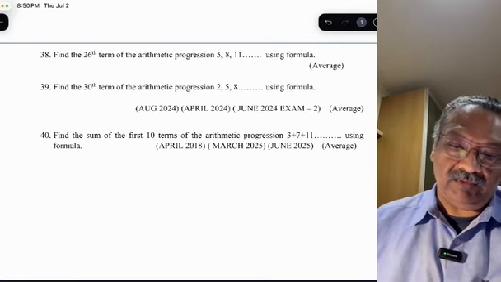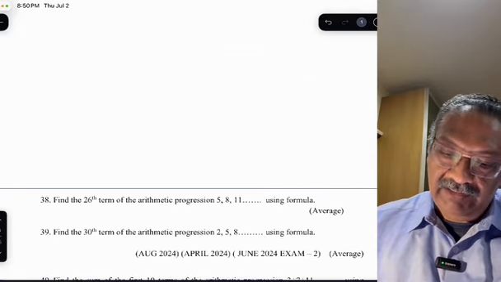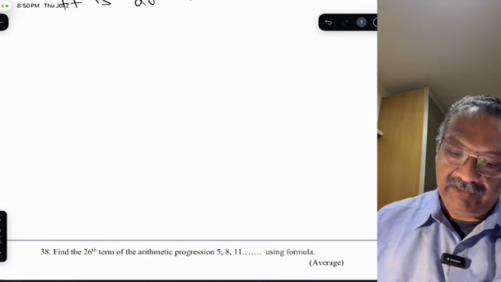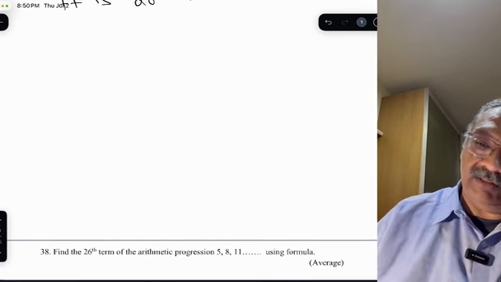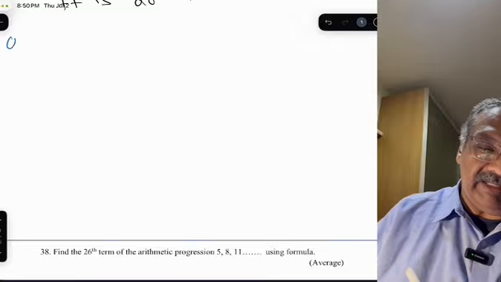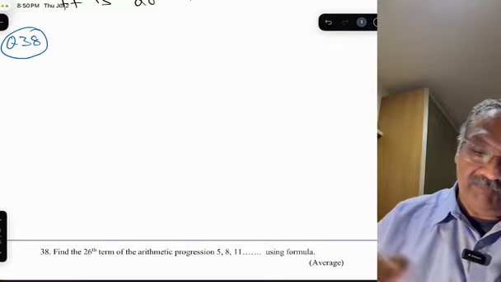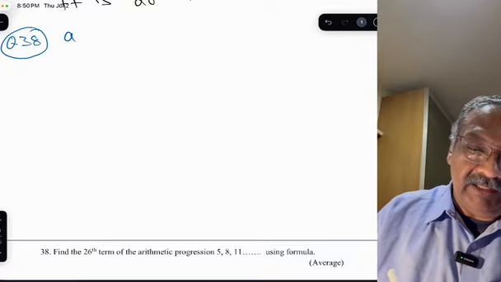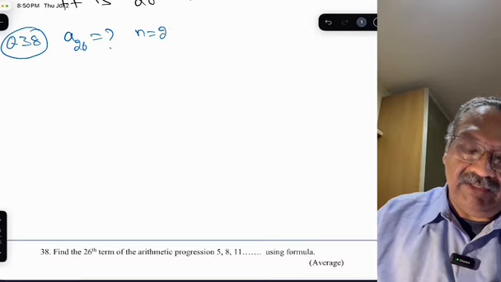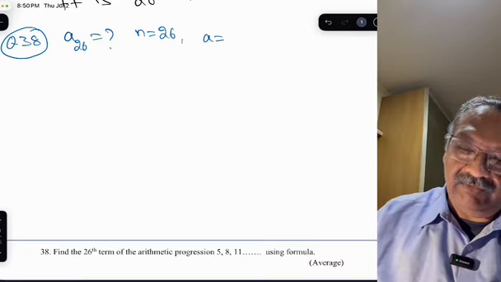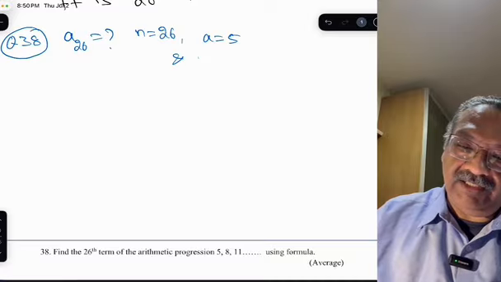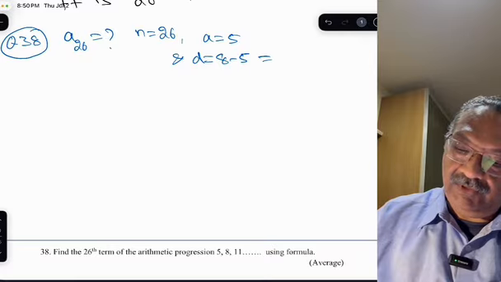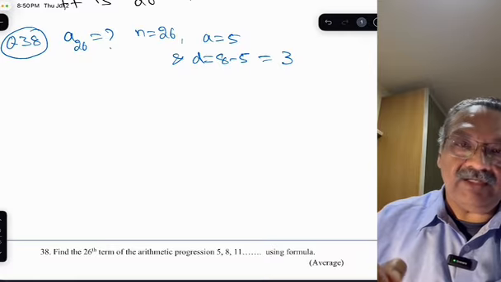Let's come to question number 38. Find the 26th term of the AP. Question number 38, find the 26th term of AP. What have they asked? a26 is what, or they have given n is equal to 26. What is a? First term is 5, and what is d? d is equal to second term minus first term, which is equal to 8 minus 5 equal to 3.